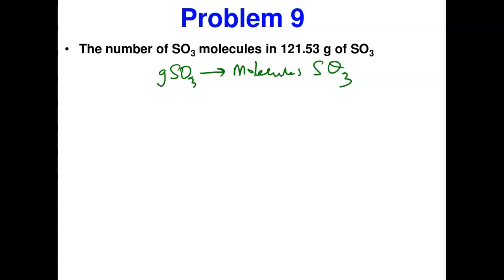That's the problem we're solving here. So again, what's the relationship? Remember, the relationship we have here is that a mole of this guy, which weighs 80.06 grams of SO3, contains how many molecules? It contains 6.022 times 10 to the power of 23 molecules of SO3.